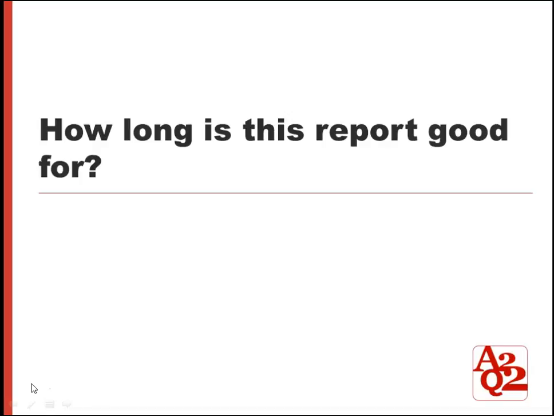So now that you know that you can rely on this report because it covers to March 31st, how long is this report good for? If you're a calendar year-end, you have 12 months of operations that you need to ensure all the controls were working, and this report only covers to March 31st.